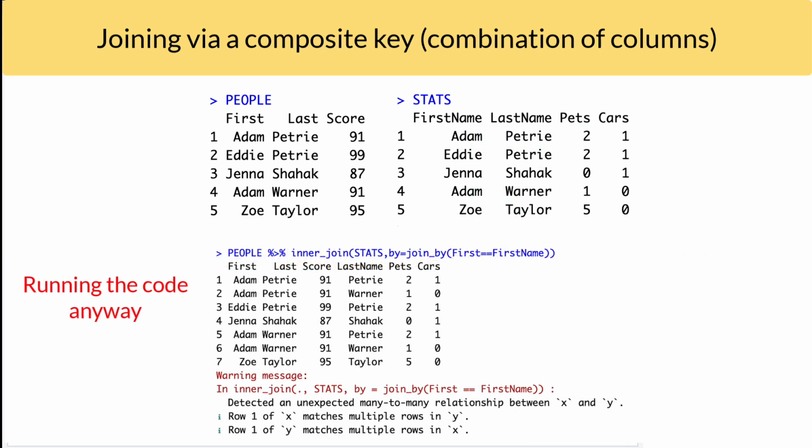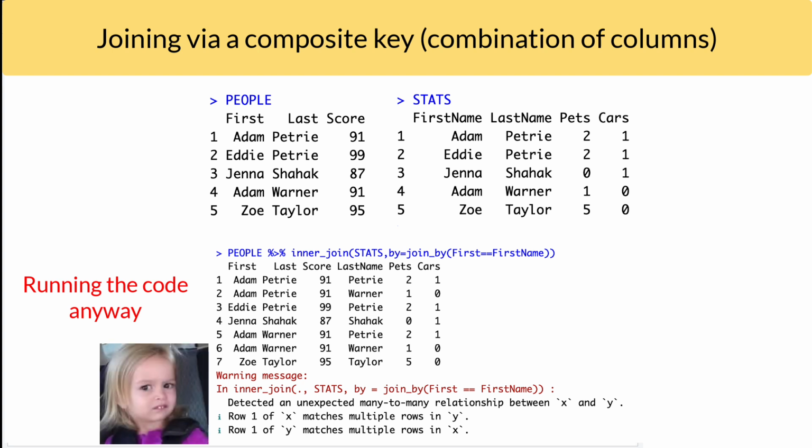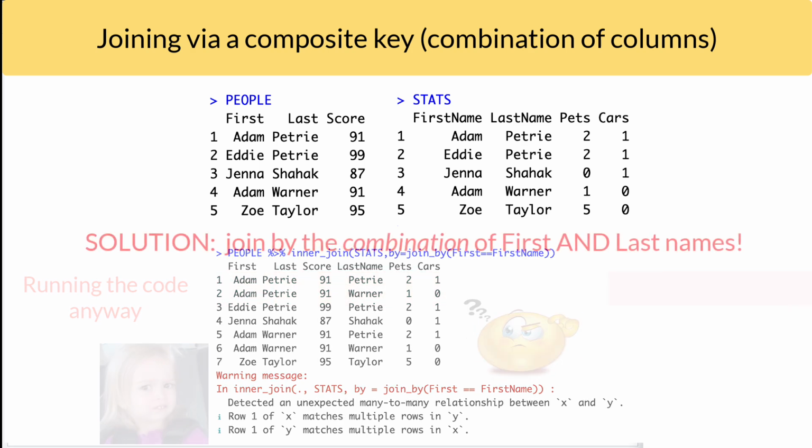If I try to run this code anyway, it'll still run, but it'll give a warning message that's a bit cryptic, and looking at the output, we see that it's rather nonsensical. We have first Adam, last Petrie, score 91, pets 2, cars 1, but then another Adam Petrie with the last name Warner. Something is up. This isn't really working out.